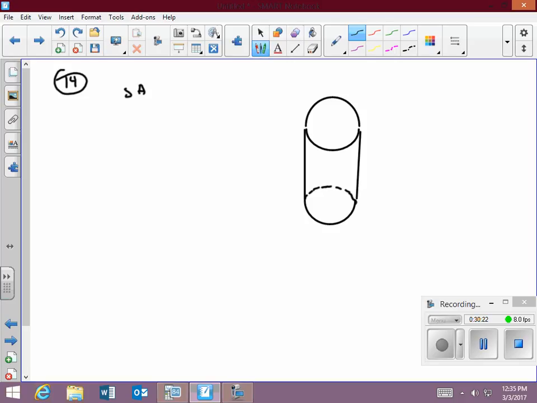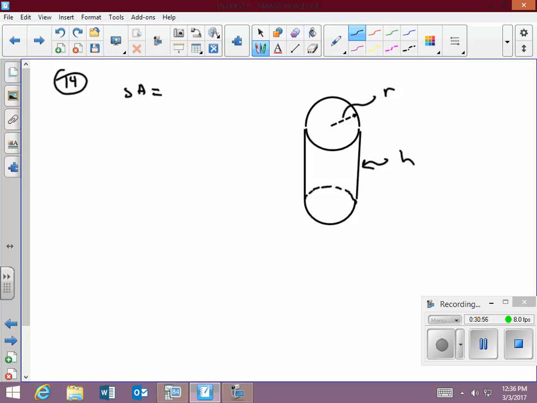And this thing is going to be, what is it? The first one is the radius. If you go from the center out, this is the radius, and then this is the height.